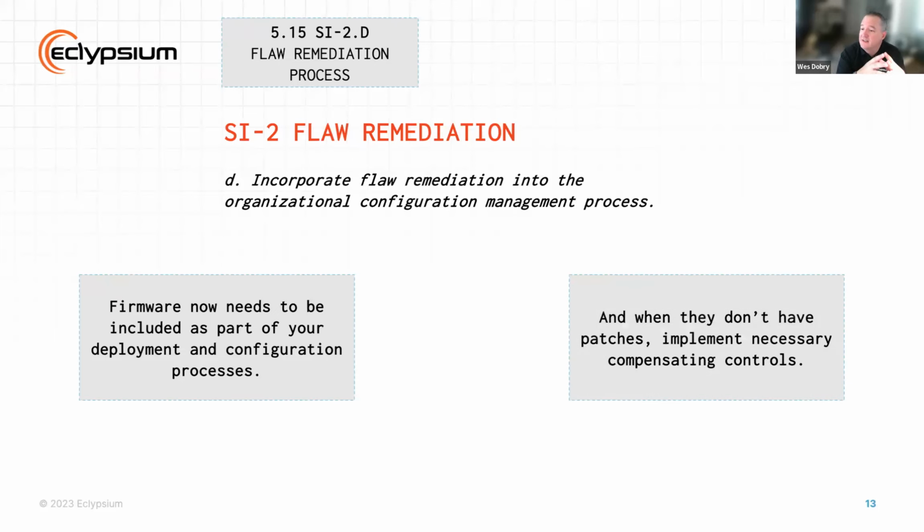It also means that if, again, we don't have something that fixes a flaw, we need to be able to implement necessary compensating controls. And again, that could be things like network isolation, device collection, other tools that can monitor in greater detail to let us know if there's indicators of attack or indicators of compromise in place. And ultimately to understand everything that's occurring from not only an OS and software perspective, but now also hardware and firmware.